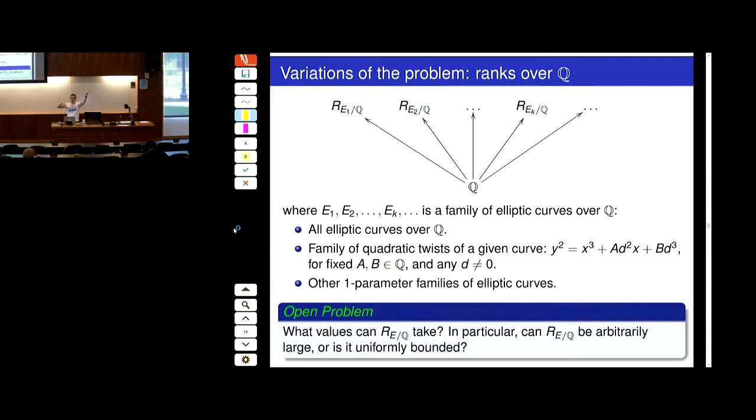Then it should be unbounded over Q. And we thought it was unbounded for a while. And then more recently, there's a couple of different heuristics that point to the ranks being uniformly bounded. So what you believe is still up in the air. You can read papers and try to convince yourself one way or the other.